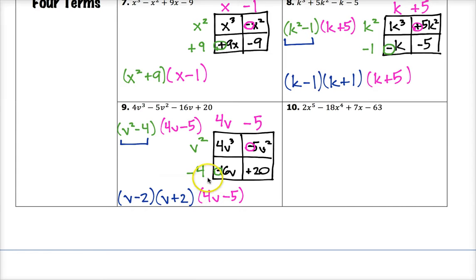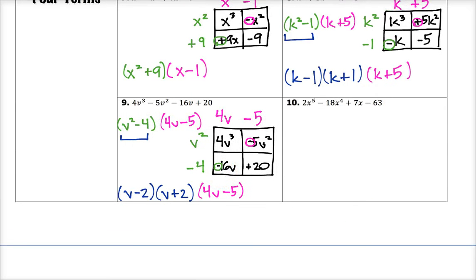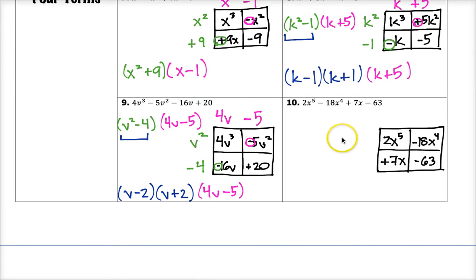Okay, finally, number 10. No GCF for this one, so again, we'll set up our box. 2x to the 5th minus 18x to the 4th plus 7x minus 63. Your GCF of the top row would be a 2x to the 4th.